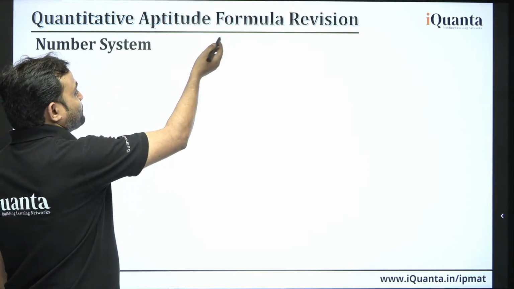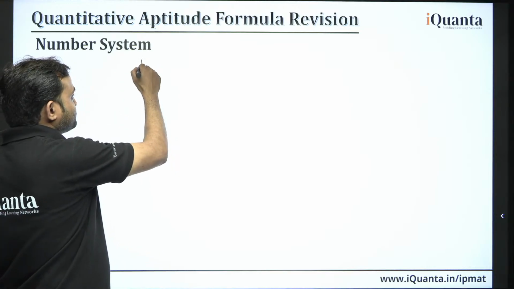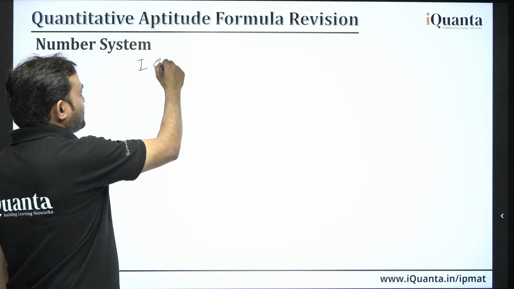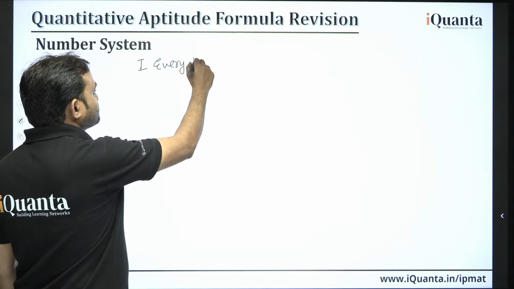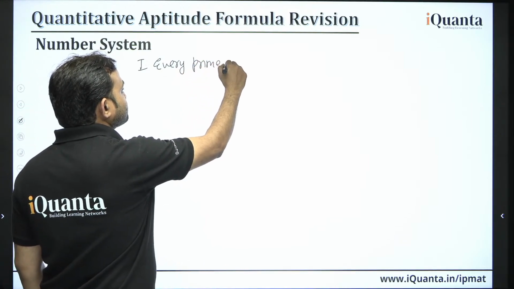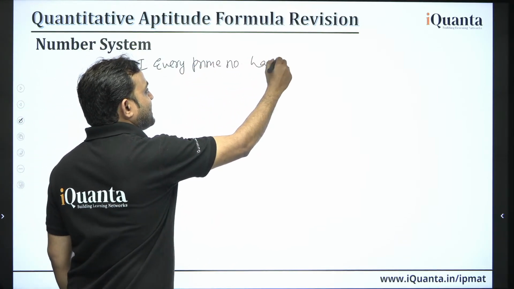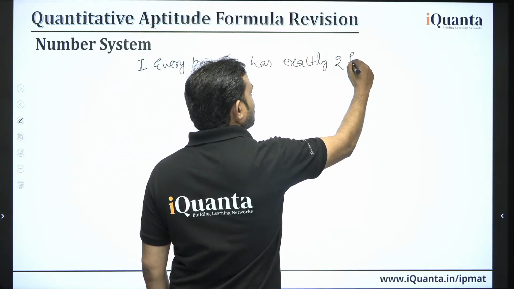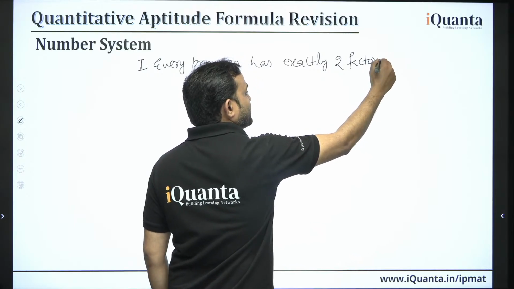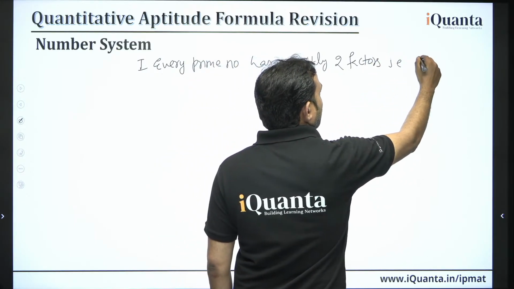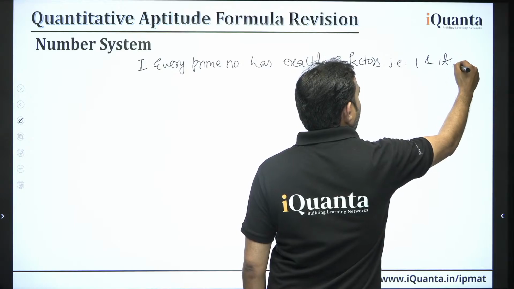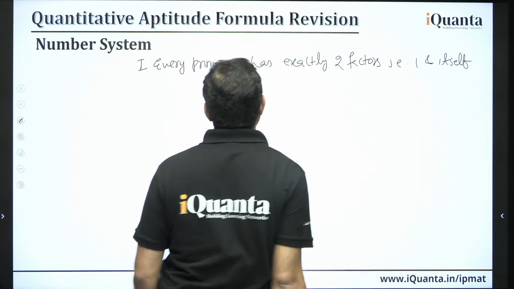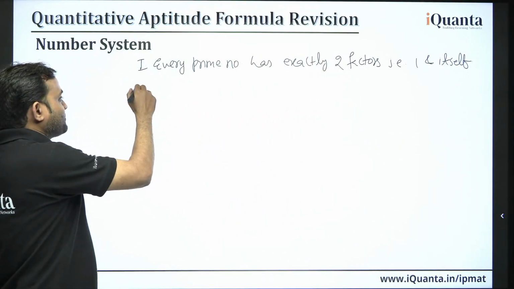So what we can say about the facts, some important facts. Okay. So first of all, about prime numbers, every prime number has exactly two factors, that is 1 and itself. What else do we know about the prime numbers?